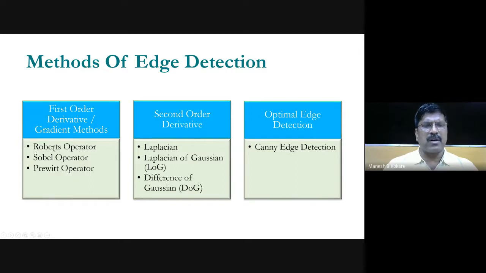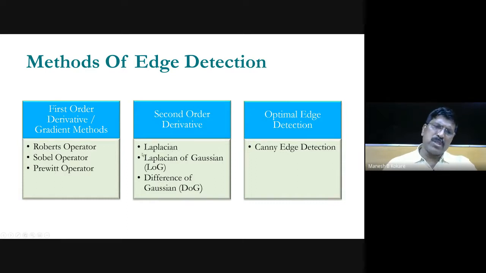The methods are the Roberts operator, the Sobel operator, and the Prewitt operator. All those operators were developed around the 1970s, 50 years back, for detecting edges. Then the second order derivative method is the Laplacian.